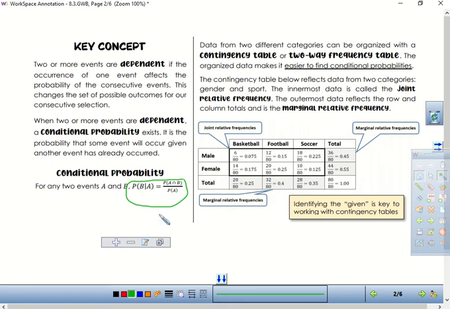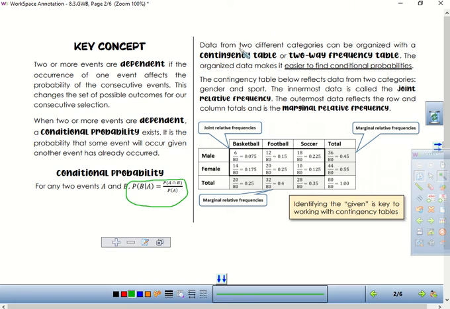Yes? Oh, what it means? Sure. B given A, that's the slash, is equal to the probability of A and B over the probability of A.